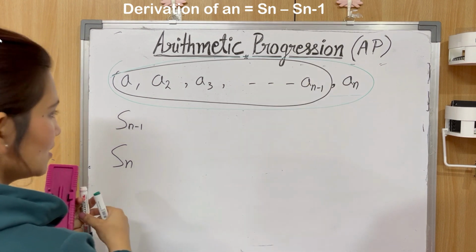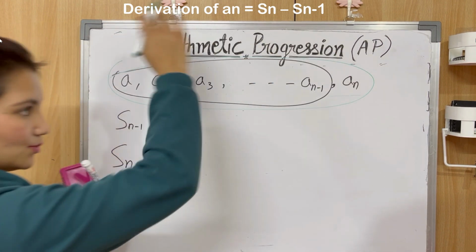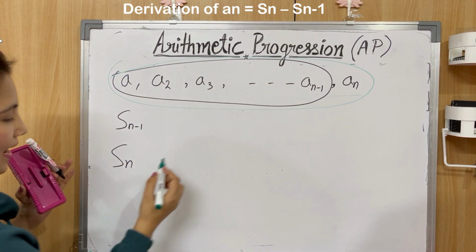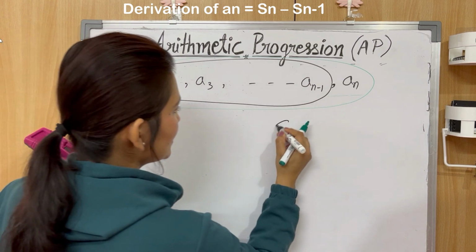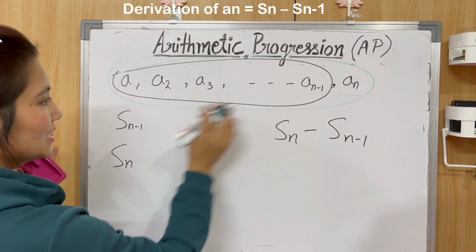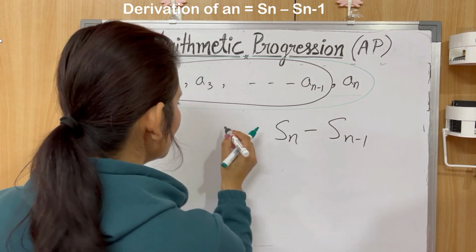So Sn is the big circle, and S(n minus 1) is this smaller one. What if I subtract S(n minus 1) from Sn, the big circle minus this circle? What is left? Only an, the nth term, is left.